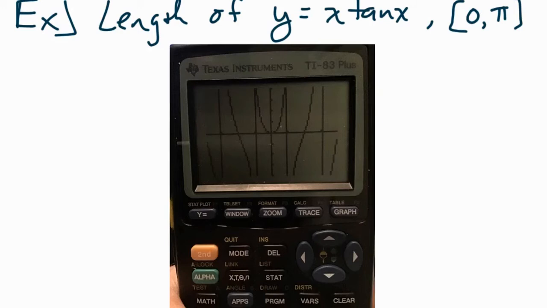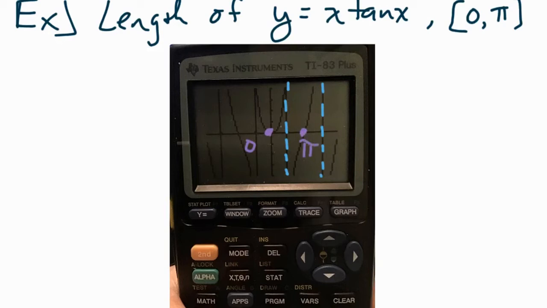Now, I wouldn't expect you guys to know the graph of x tangent without your calculator, but you should have an idea that the tangent graph from last year has these branches that are separated by vertical asymptotes. So as you look at this problem a little more closely, we need to be aware of what it is we are seeing. And again, we are seeing the reality of vertical asymptotes from 0 to pi.